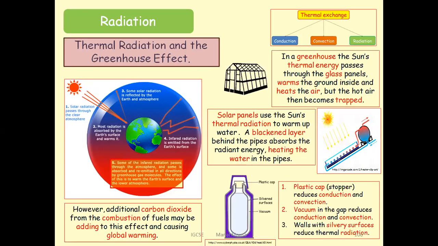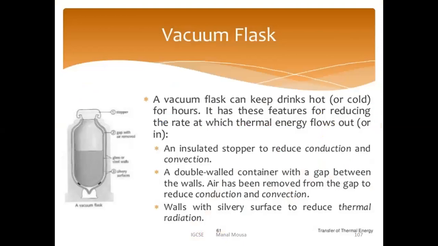The last application, which is the vacuum flask, I will talk about in detail on the next slide. A vacuum flask can keep drinks hot or cold for hours. It has features for reducing the rate at which thermal energy flows out or in.